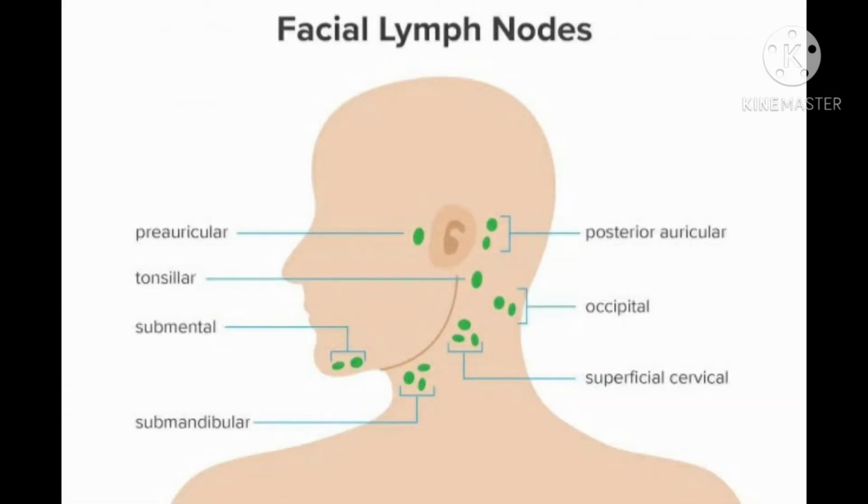The lymph nodes situated in the neck region are the preauricular nodes, postauricular nodes, occipital nodes, tonsillar nodes, submandibular nodes, submental nodes, superficial cervical nodes, and posterior cervical nodes. All these drain the lymph in the region of the neck.